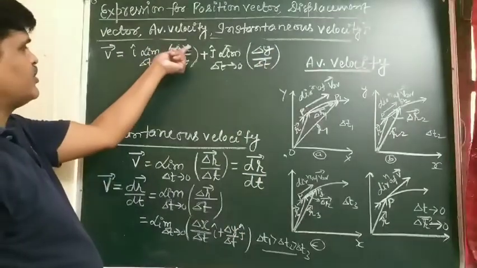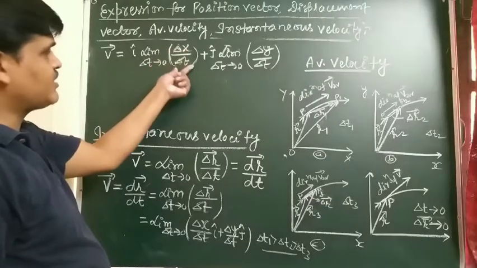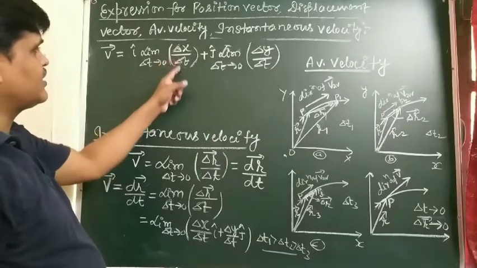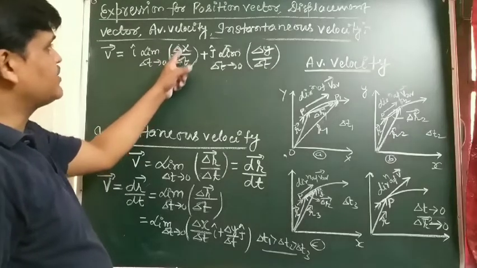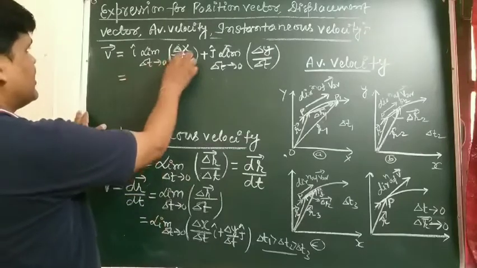And delta x by delta t is the average velocity in the x axis, but the limiting value of average velocity in the x axis is the instantaneous velocity along the x axis.